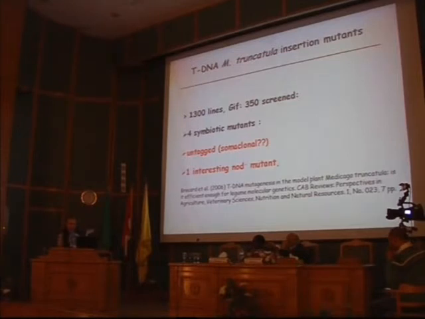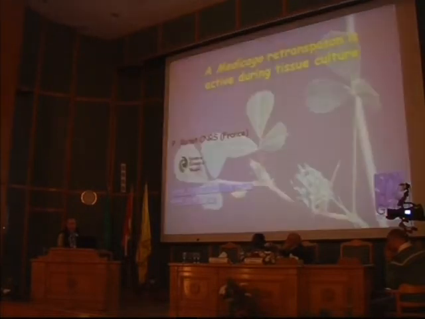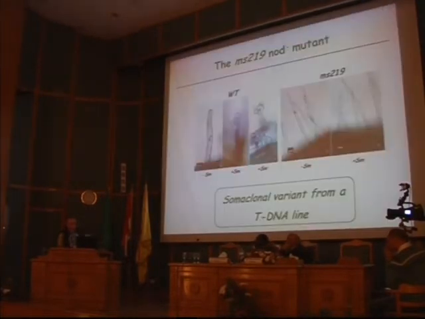We are going through somatic embryogenesis, and then we have mutants in the progeny. And because we were interested in this mutant, we went on with this story. So this is this mutant, bringing back to nitrogen fixation. This mutant is not able to interact with the rhizobium. It's not seeing the rhizobium at all. So it was interesting for us to know which gene is involved in this.